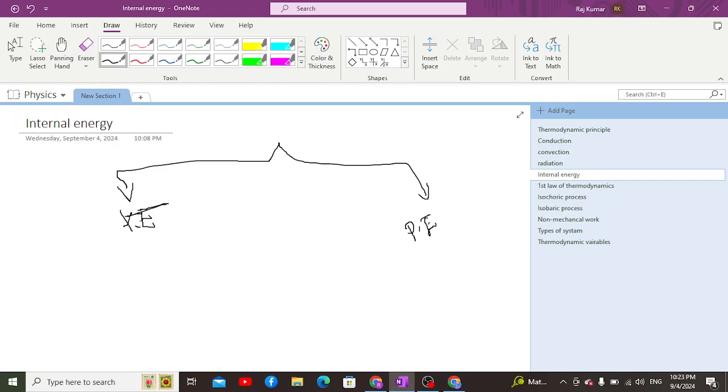If we talk about the macroscopic level, we study thermodynamics on the macroscopic level, which means we study the state of the system rather than the state of the molecule.